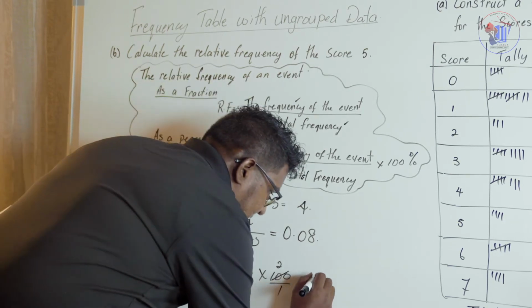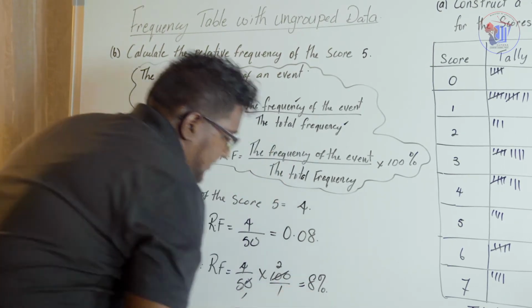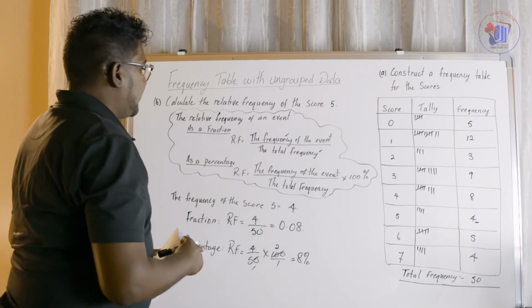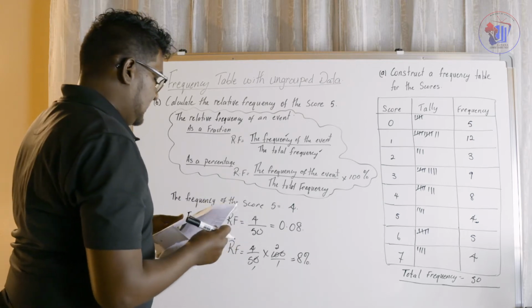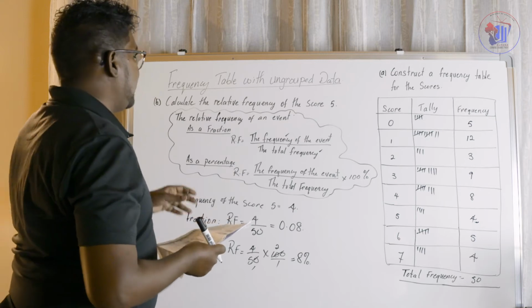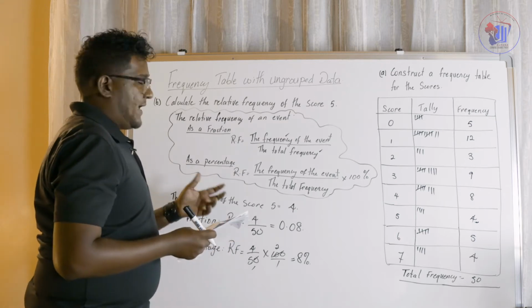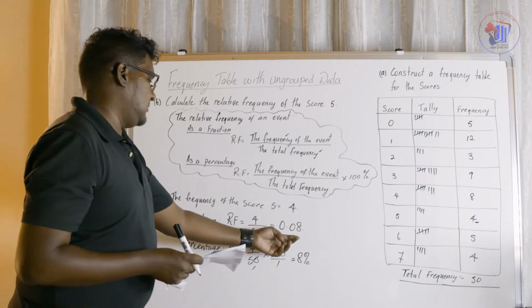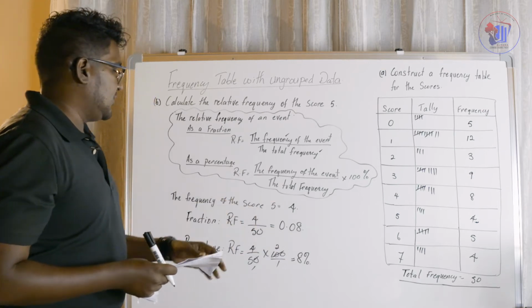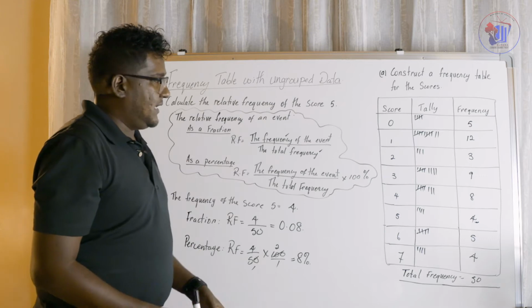So as a percentage, it's going to be 8%. When we say we're calculating relative frequency, it's like experimental probability, right? So you have here the RF as a fraction is 0.08, and as a percentage it's 8%.